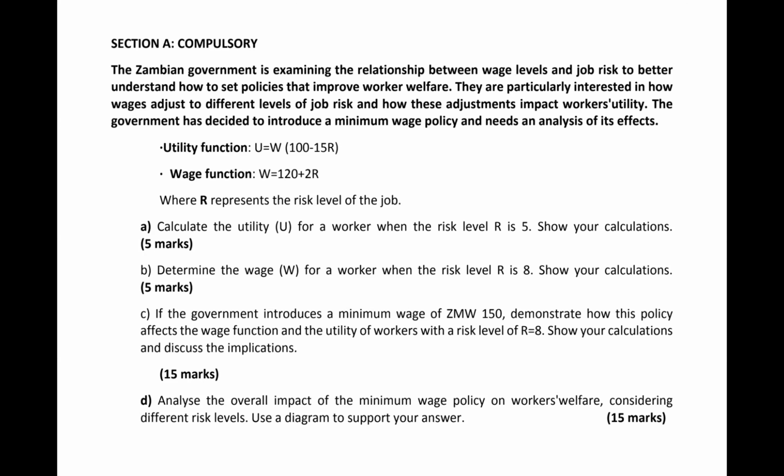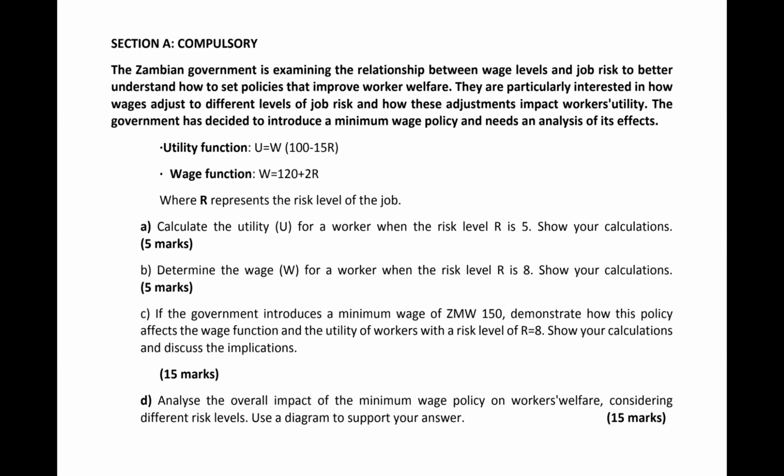So the risk is 5, so we can replace 5 into that. 5 times 2 is 10, plus 120 should give us 130 as the wage. You're following, right?